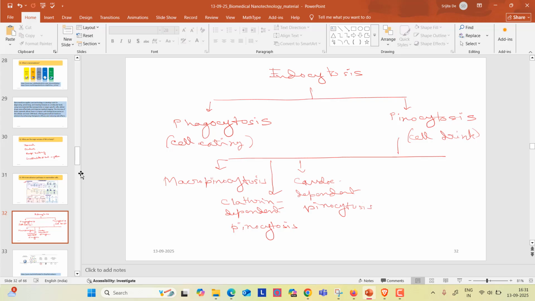And last comes the clathrin and caveolin independent pinocytosis. Okay, these are the main types of endocytosis or cellular uptake process.